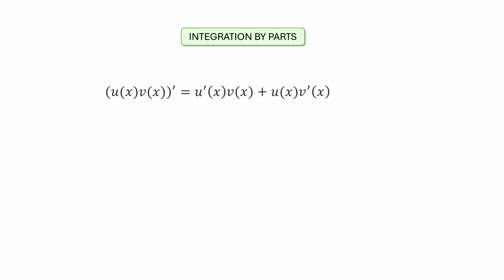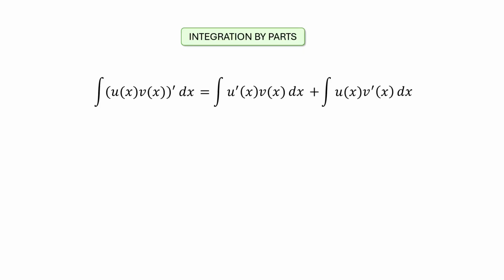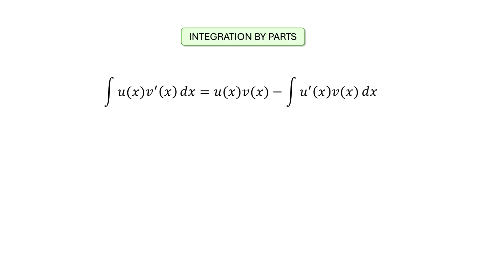Now, let's take that rule and integrate both sides. The integral of a derivative simplifies to the original function, so we're left with the product of the two functions. By rearranging the equation, we obtain the formula for integration by parts, which can be rewritten using differential notation.